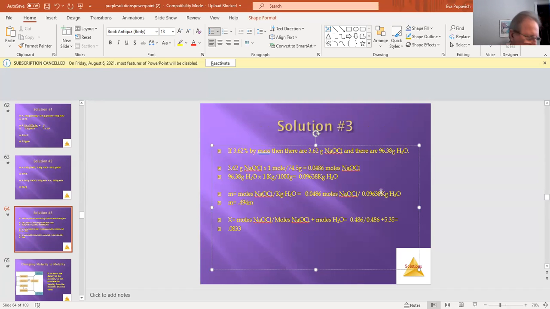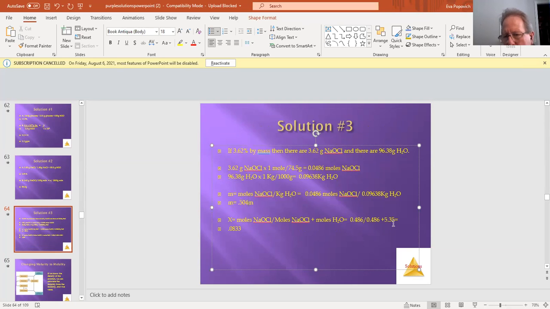And this is going to give me a slightly different number. That gives me a molality of 0.504. If I want the mole fraction, I have to get the moles of my water, which I take the 96.38 and divide by 18.